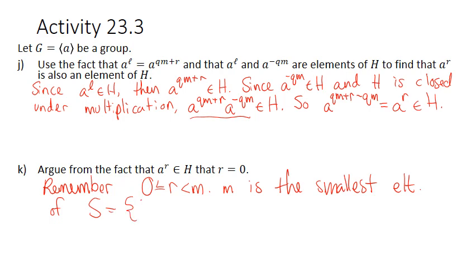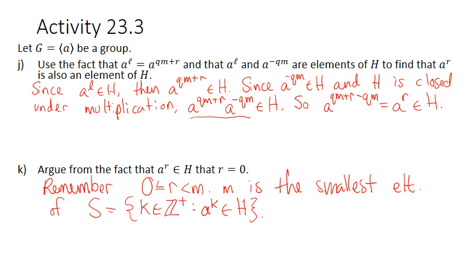S is all of the positive integers k, such that a to the k is in H. Okay, so r has to be smaller than m, but m is the smallest element of S, where that's all of the positive exponents of a that are giving us elements in H.